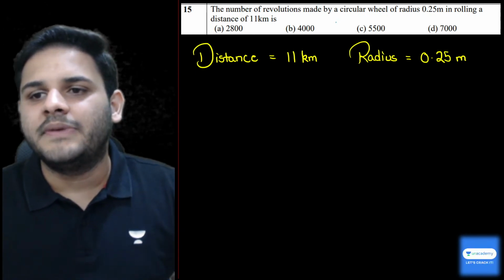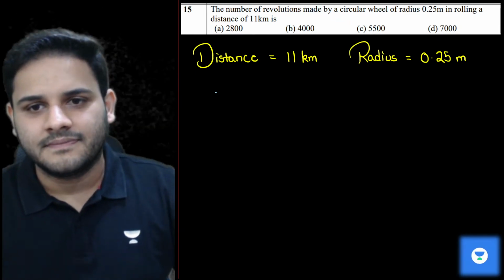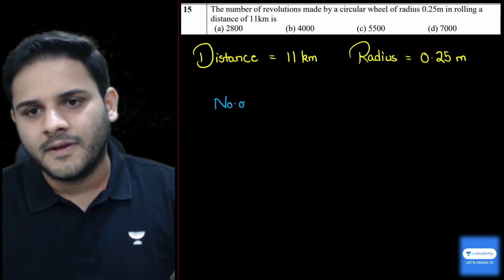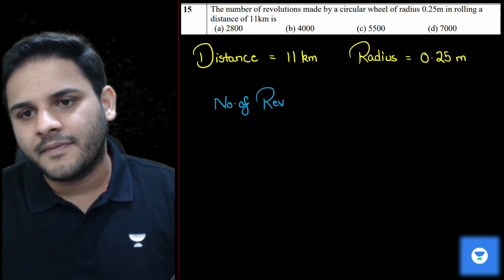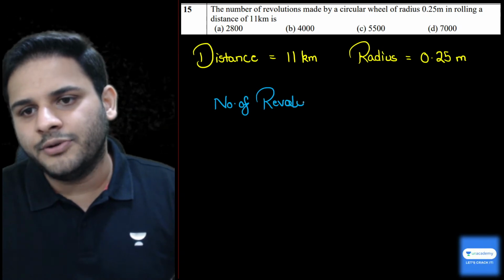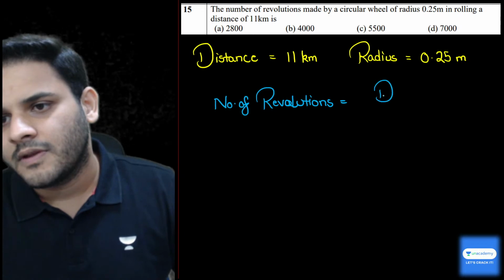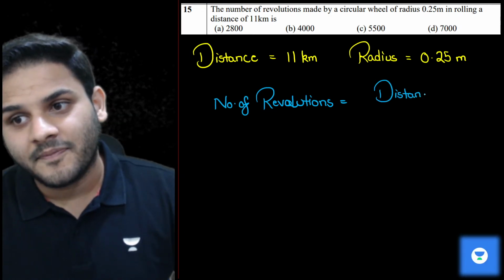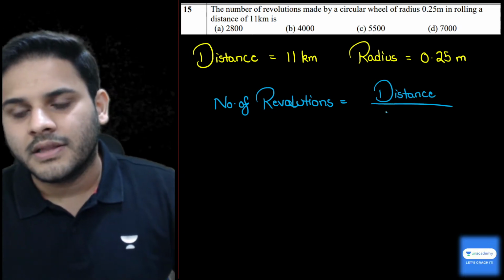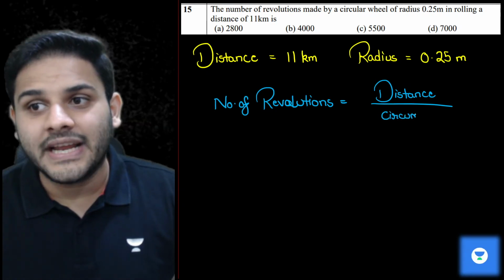Number of revolutions we have to find out. So number of revolutions will be equal to the distance upon the circumference.